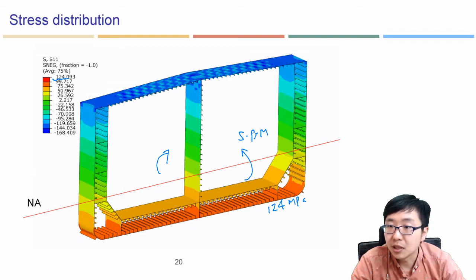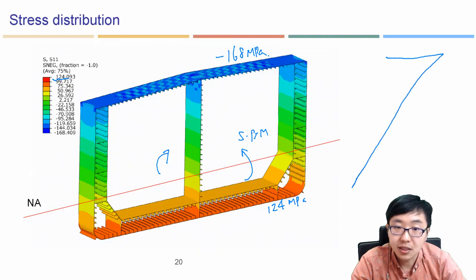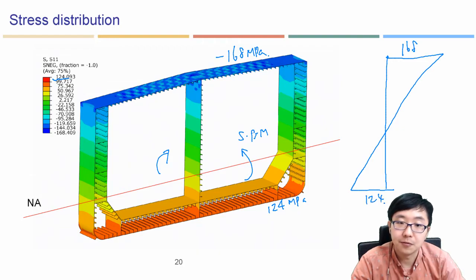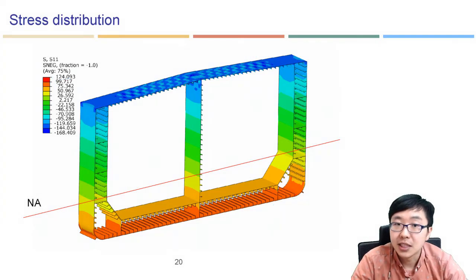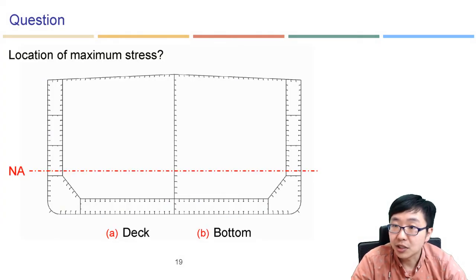So that will be compressed. This is negative 168 something megapascal. As you can see, the stress value here is higher than here. This is 168, this is 124. Can you understand? So you can see this question again, location of the maximum stress. Okay.